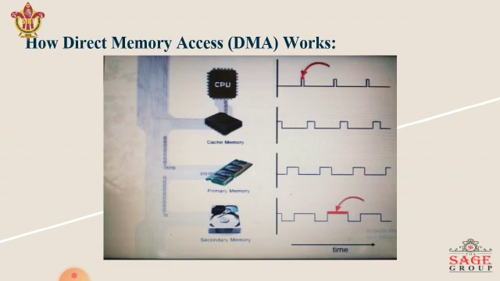Now, accessing memory directly sounds appealing. Let's try to understand the concept. We know there is latency or delay between the speed with which the CPU executes instructions and the speed with which the memory device serves the CPU.